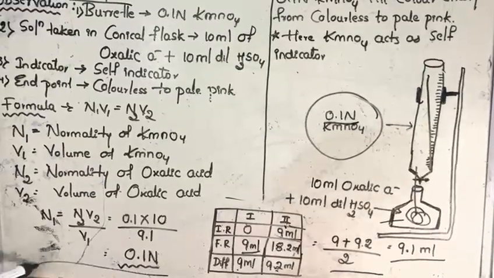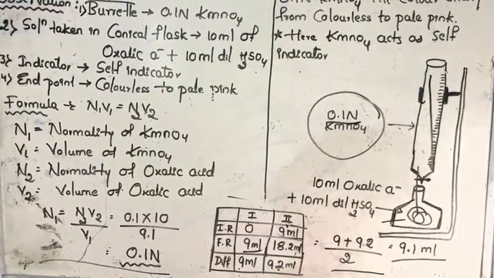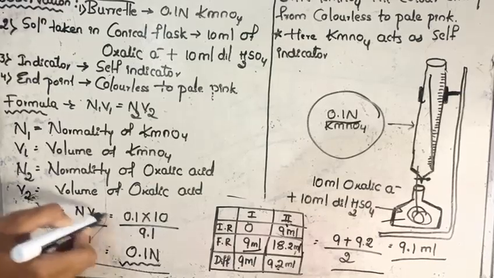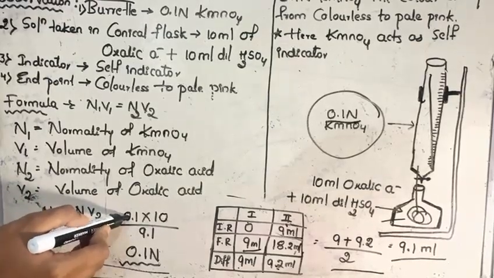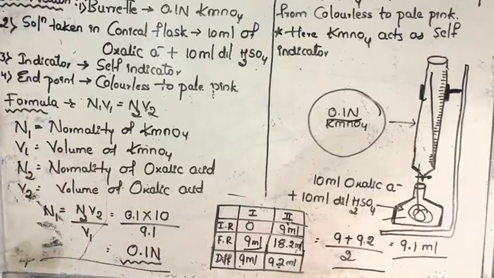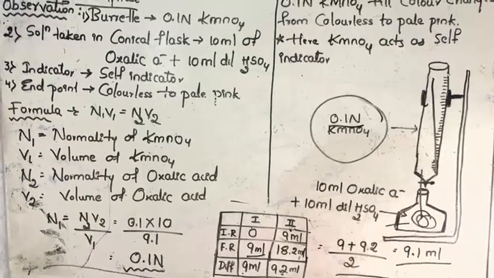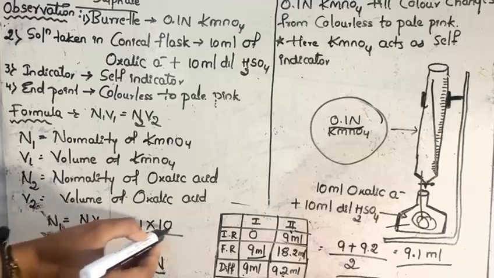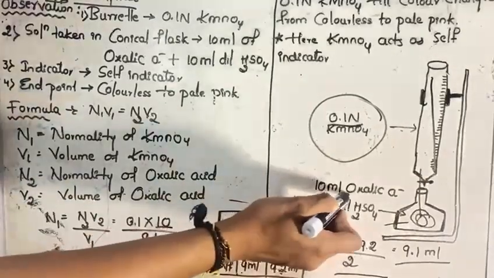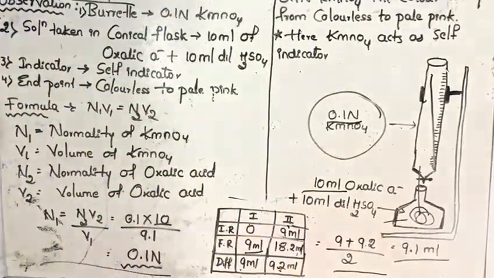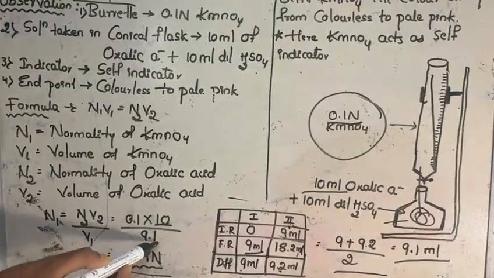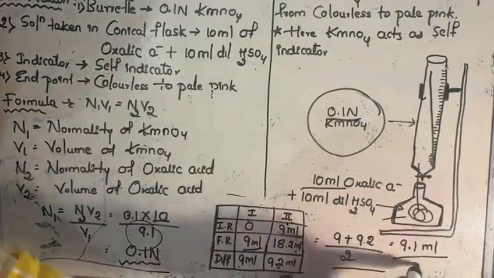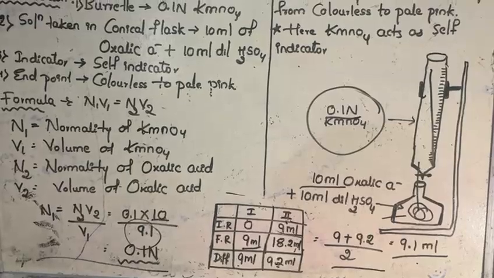The formula is like this: N1 equals N2V2 divided by V1, where N2 is the normality of oxalic acid. We know it is 0.1 N, and 10 is the 10 ml of oxalic acid we added in the conical flask, and below this 9.1 is the average volume of KMnO₄ consumed.